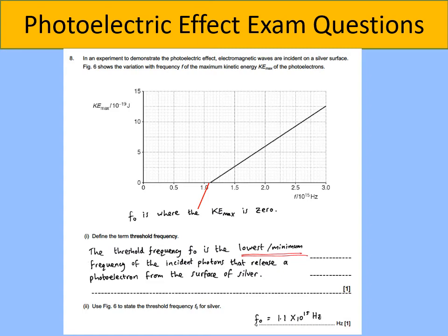Just make sure that you read what's written on the frequency axis in terms of the units and the power as well, because it's 10 to the power 15, so we don't just want to write 1.1. We must write 1.1 times 10 to the power 15 hertz. Remember, at the threshold frequency f0, KE max is equal to 0.